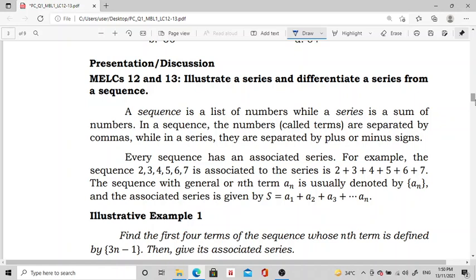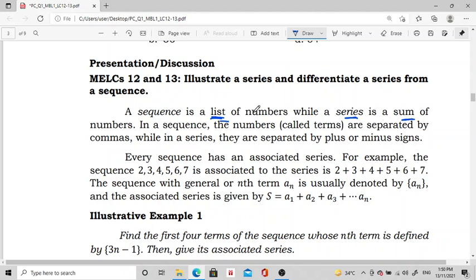So when we say sequence, our keyword is list, while when we say series, our keyword is sum. Sequence is to list as series is to sum.